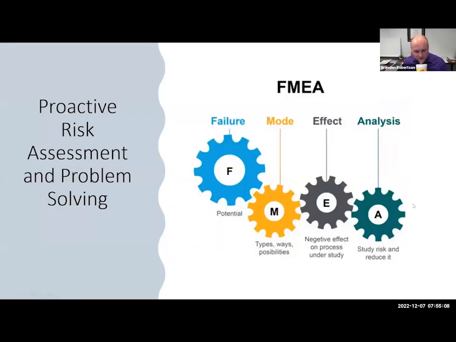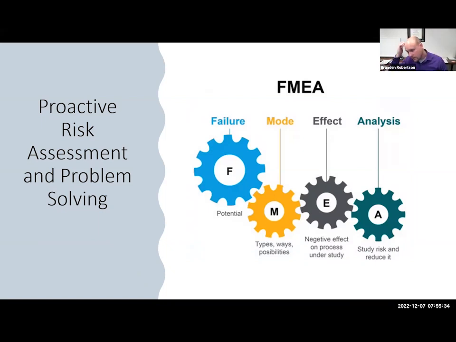So failure modes and effects analysis. Failure modes and effects analysis is looking at systems and processes before something happens and thinking, how can this end up with a problem. And ideally, we're actually going to do an FMEA before we bring on a new service, a new equipment. We're going to look at that and say, okay, this is a new device, this is a new process.